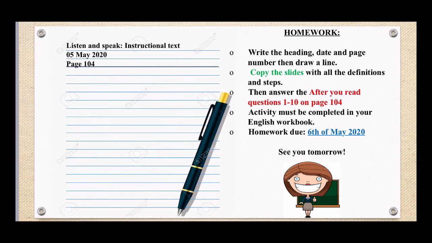First, copy the slides with all the definitions and steps. After you have copied your slides, you will then need to answer the after you read questions 1 to 10 on page 104. This must be completed in your English workbook, and homework will be due on the 6th of May, which is tomorrow.